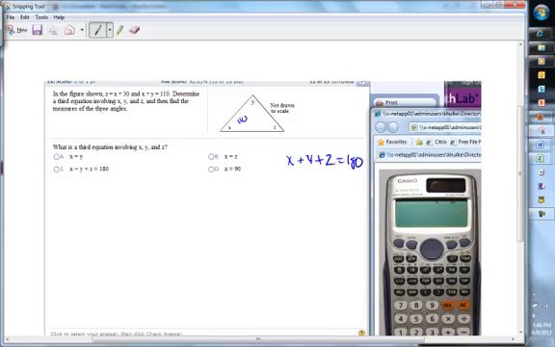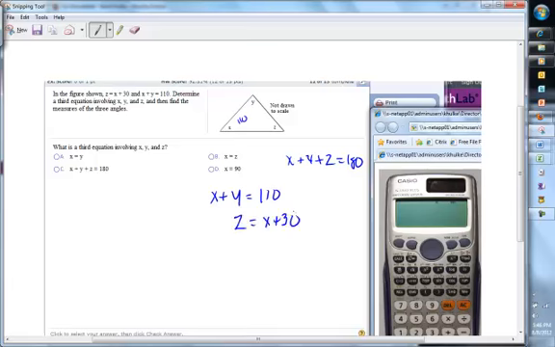And then find the measure of the three angles. So X plus Y equals 110. And the other equation is Z equals X plus 30.